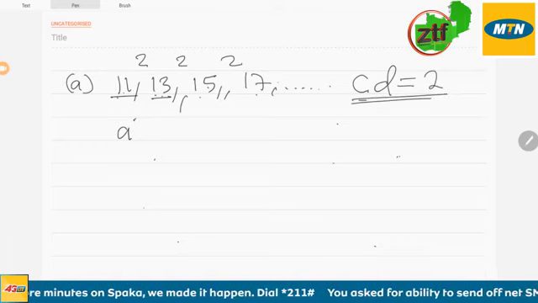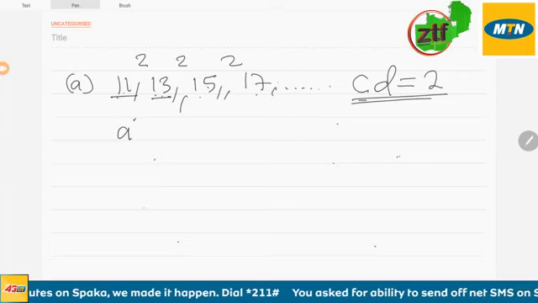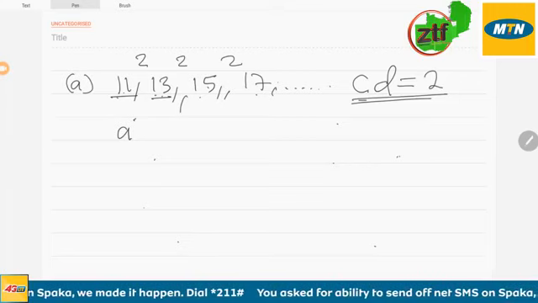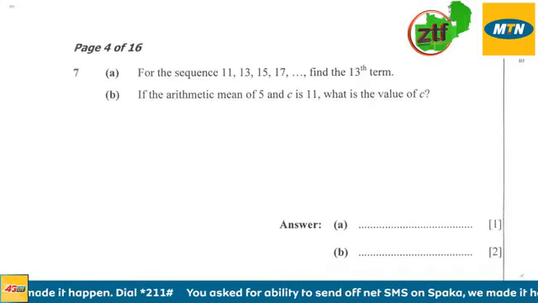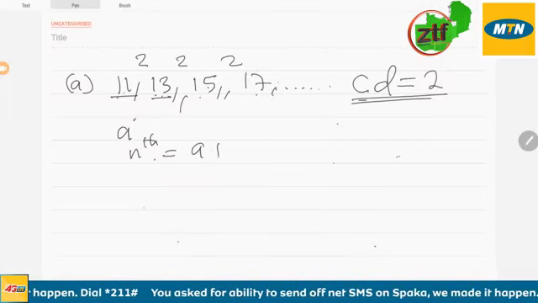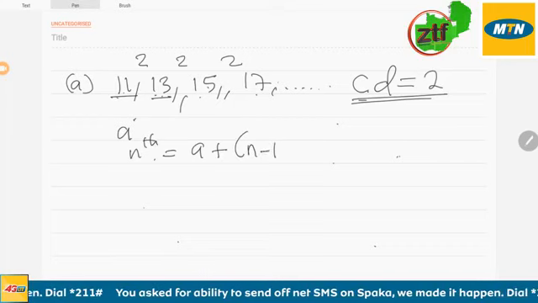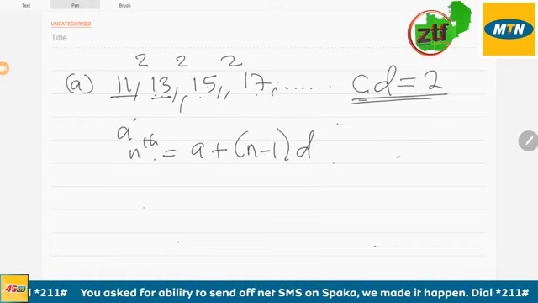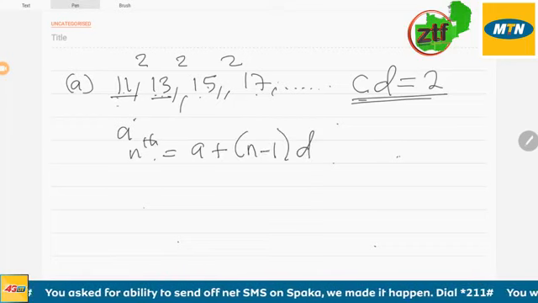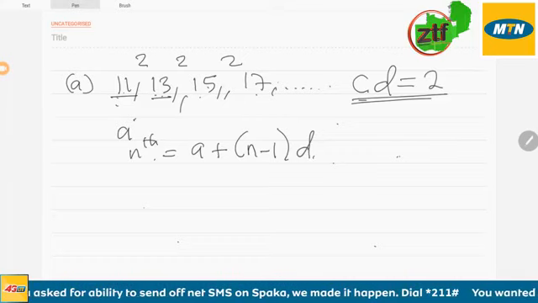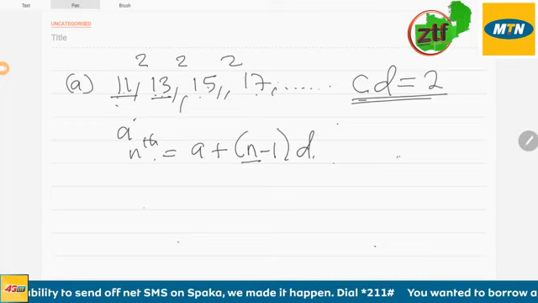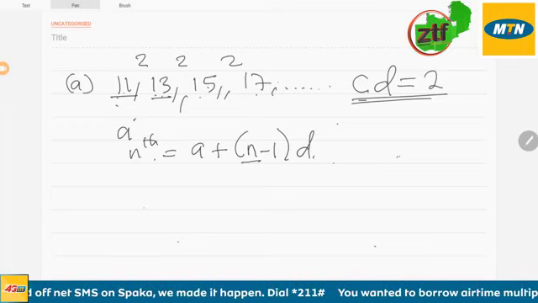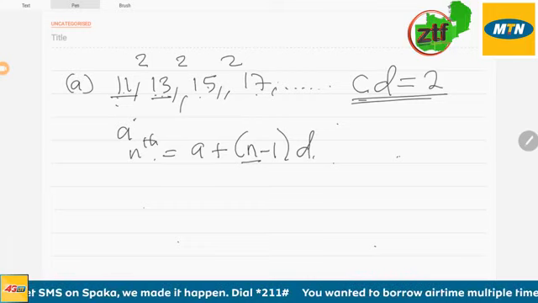And in order for us to find the 13th term, we are going to apply the formula of the nth term, and the nth term is given by A plus n minus 1 times D, where A is the first term and D is the common difference. N here represents the term that has been mentioned in the question, and in this case they are talking about the 13th term.